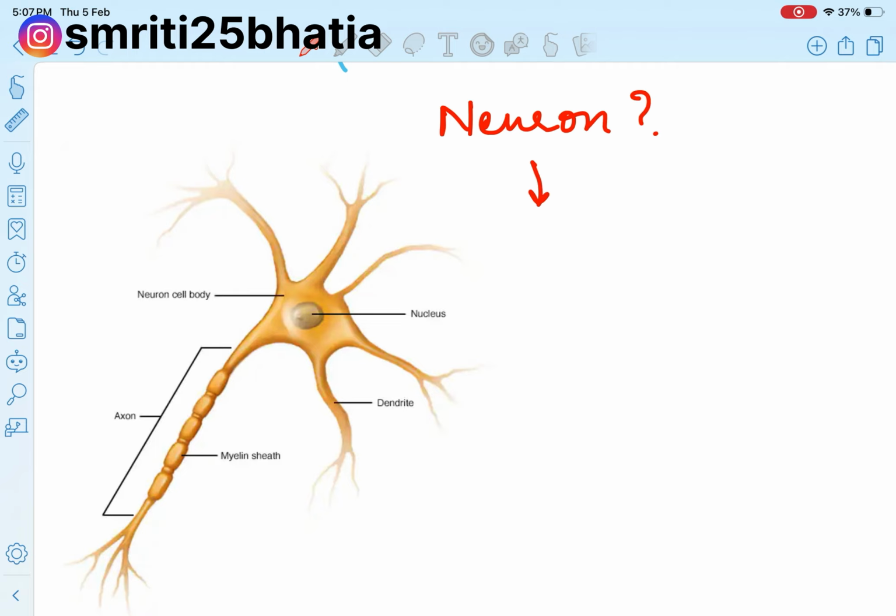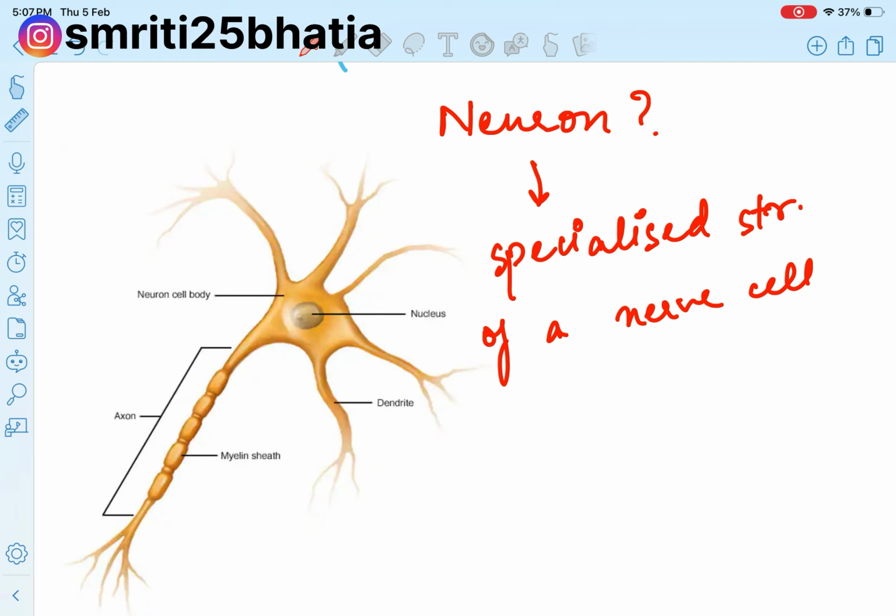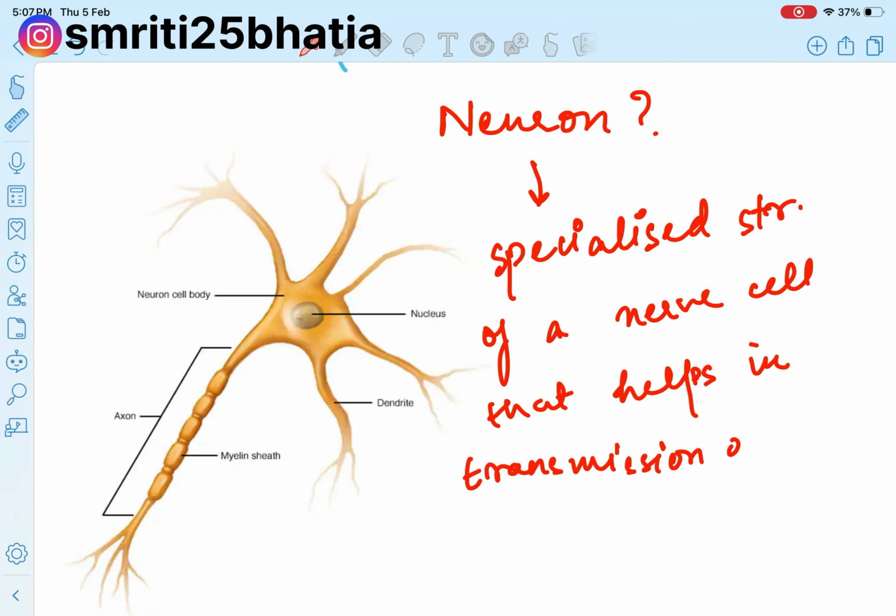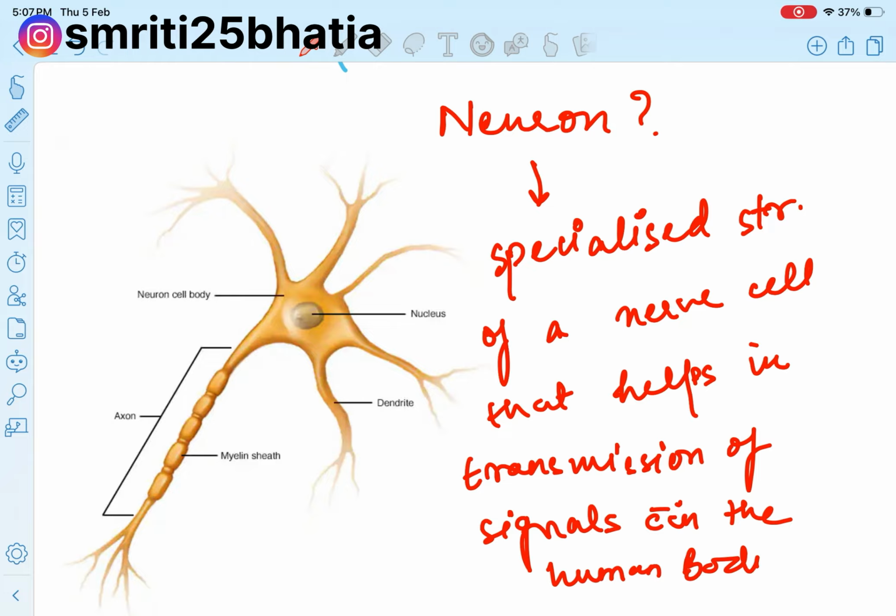Neuron is a specialized structure of a nerve cell that helps in transmission of signals within the human body, right?